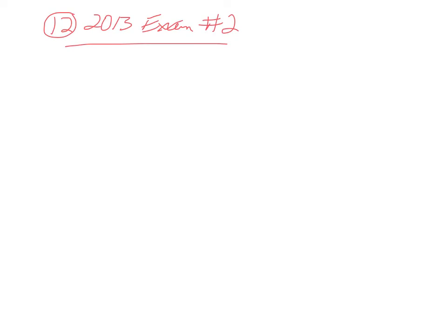So to demonstrate some mass spec type of problems, this is number 12 from the 2013 exam, number 2. And it shows you this bromine. Lone pairs on the bromine, of course.